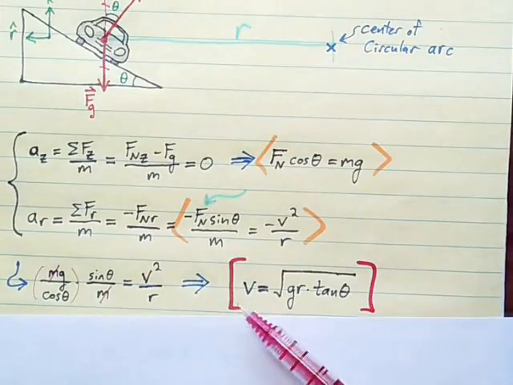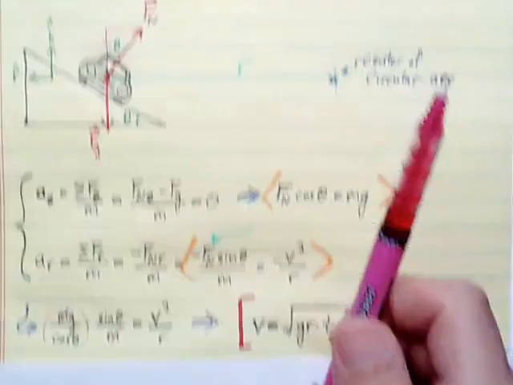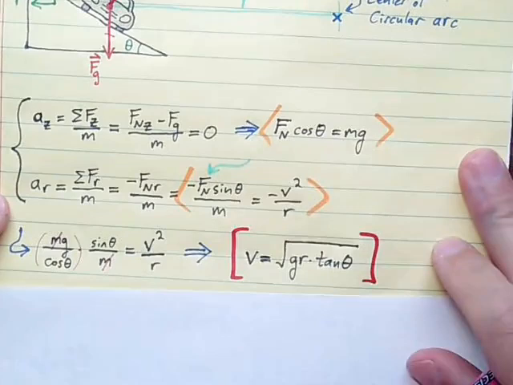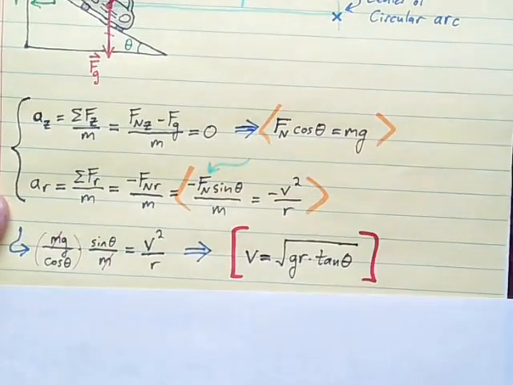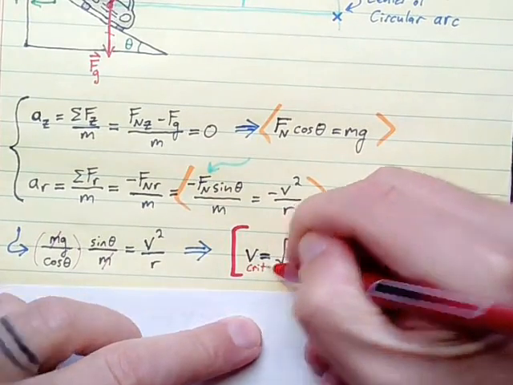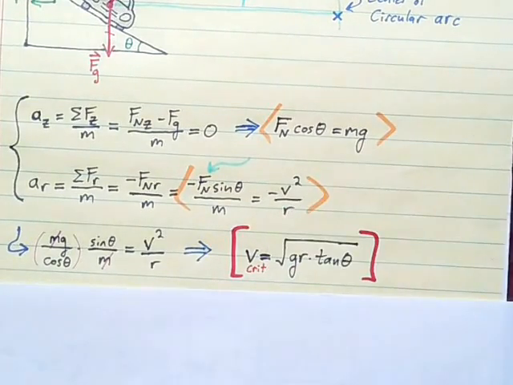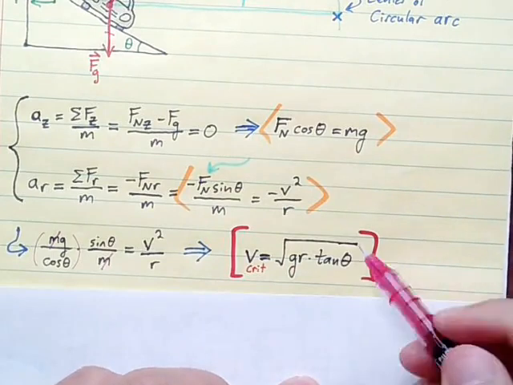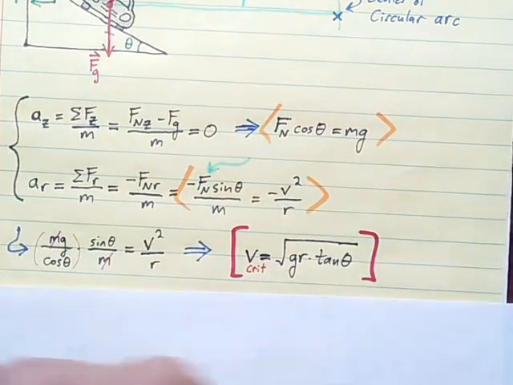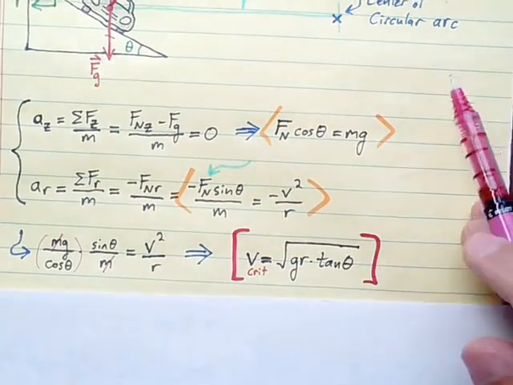If you're going too slow around the ramp, you'll tend to slide down the ramp. So this is also known as the critical speed: the one and only one safe speed to take a ramp inclined at angle theta with a radius of curvature r, without the aid of any friction whatsoever.